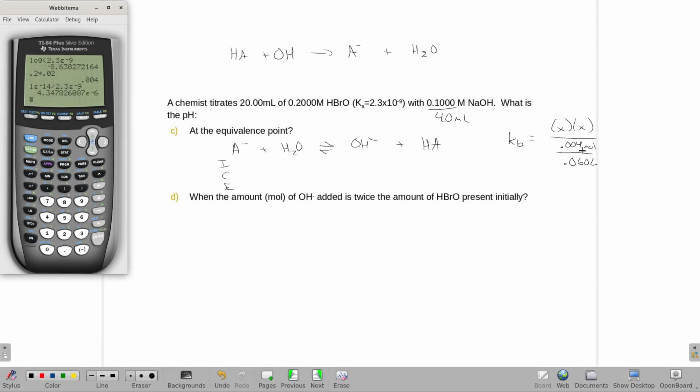I'm going to multiply it by this stuff, so times 0.004 divided by 0.06, and then I take the square root of that. That would be my OH concentration. So this is a pOH. And then to get a pH, get the difference between that and 14. So I get a pH of 10.7.